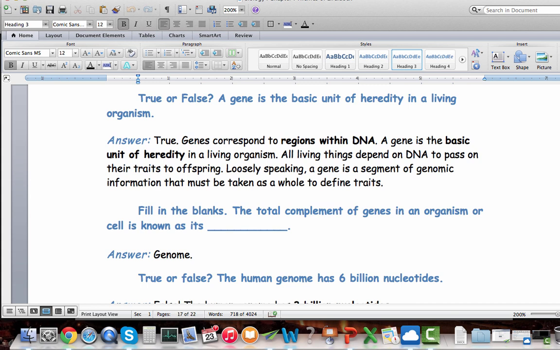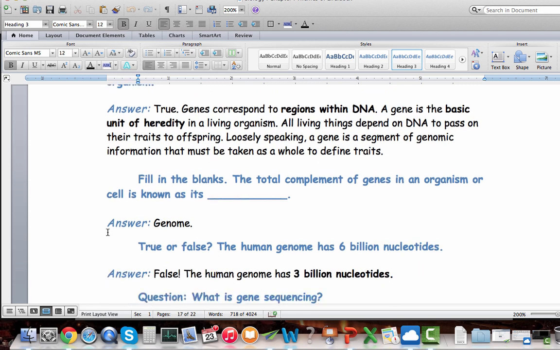Answer: true. Genes correspond to regions within DNA. A gene is the basic unit of heredity in a living organism. All living things depend on DNA to pass on their traits to offspring. Loosely speaking, a gene is a segment of genomic information that must be taken as a whole to define traits.